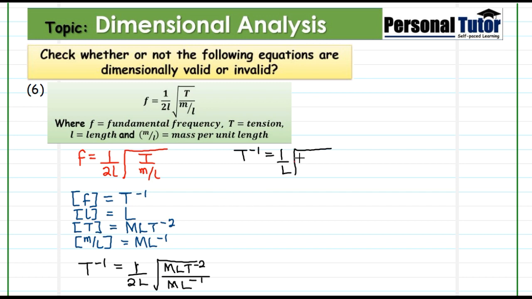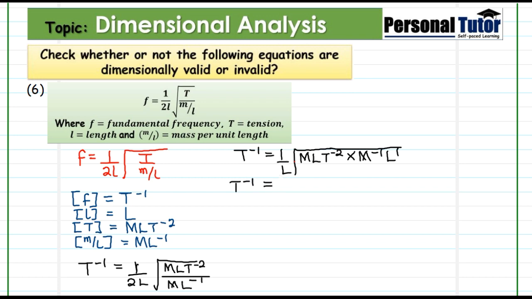But let's do so. So you have M. Great. For the numerator, M L T minus 2. Then the denominator goes up, but the powers are negated. So M becomes negative 1. The L becomes positive 1. Great. So T exponent negative 1.